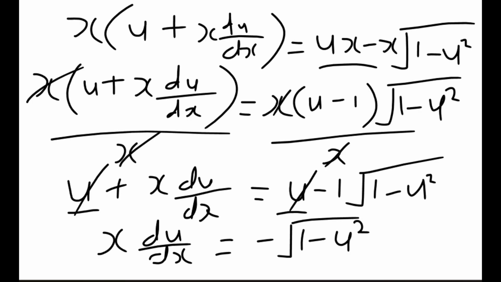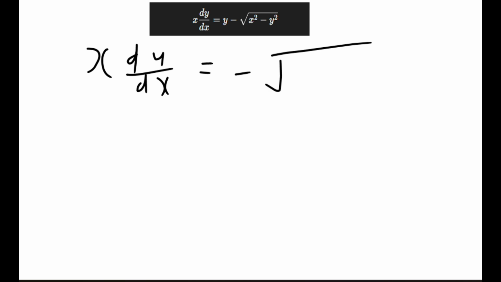Now we have the equation to be, let's refer: x du/dx is equal to minus the square root of 1 minus u squared.